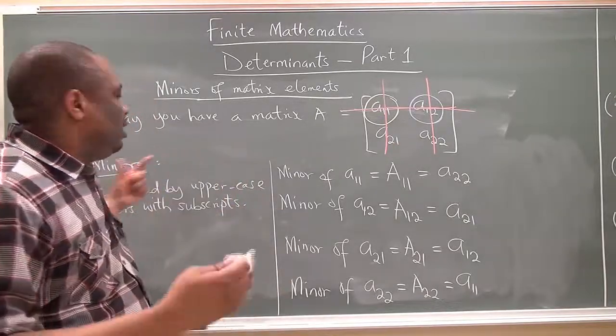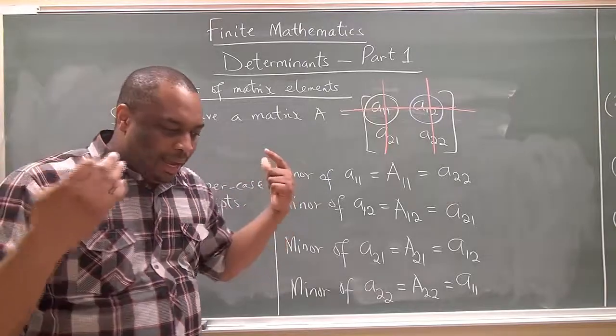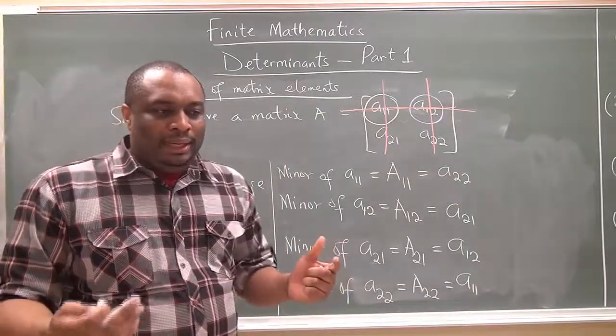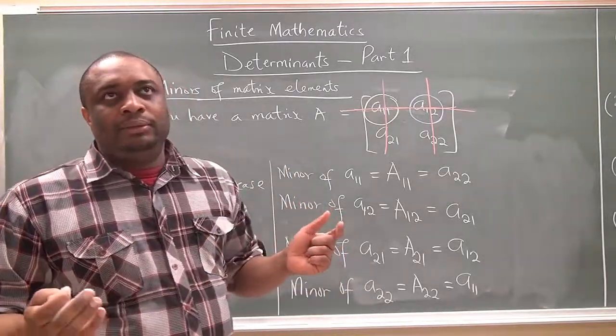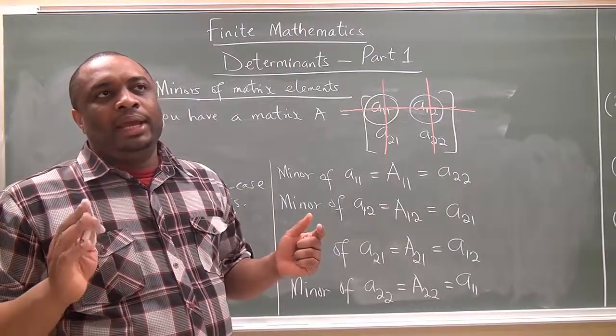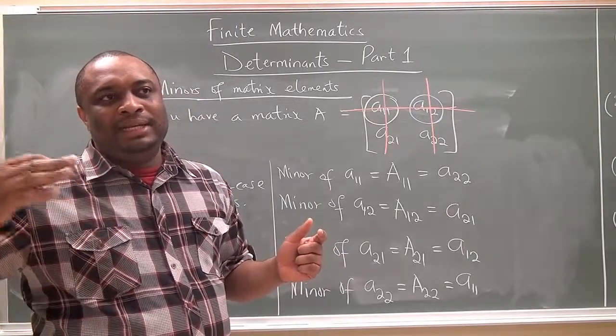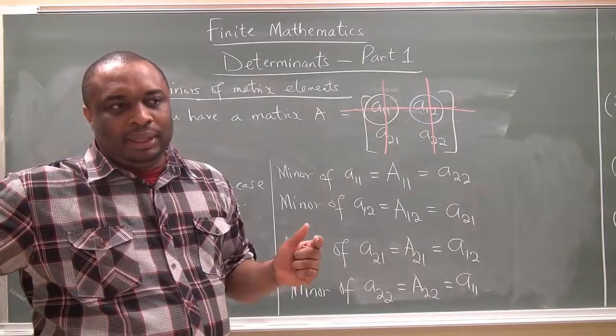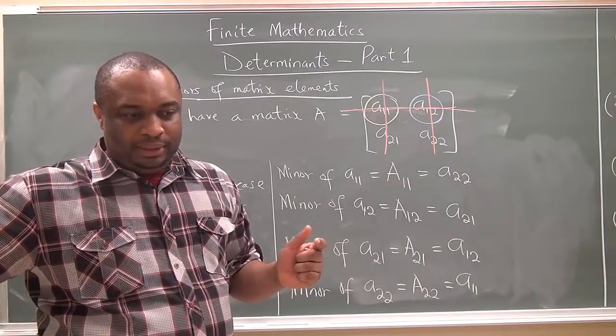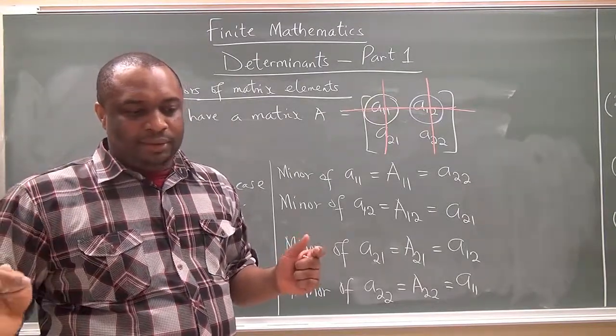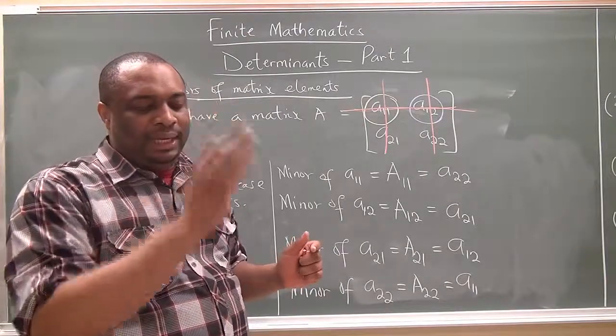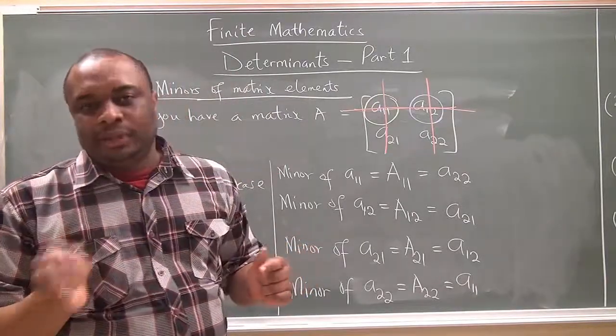So a minor of an element is the remnant that is found after deleting the row and column of that element.